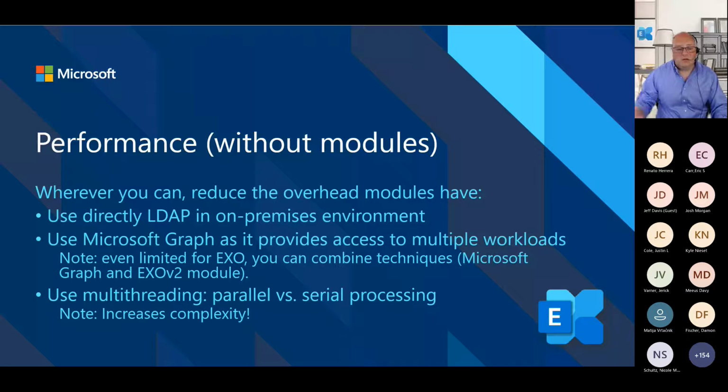Then you can also use the Microsoft Graph or the Exchange Online V2 module and gather the data from specific workloads like Exchange, or from Microsoft Graph if the information is there. Microsoft Graph definitely helps you here, because with Microsoft Graph you only have to talk to one endpoint, but it can retrieve data from different workloads.